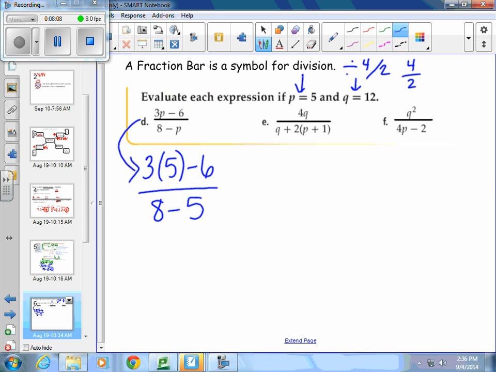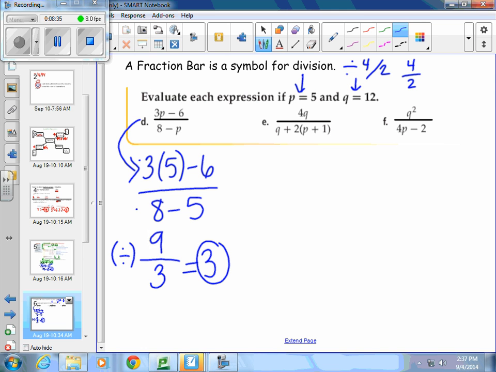And then I'm going to solve it. I do everything on the top and everything on the bottom. So 3 times 5 is 15 minus 6 equals 9. And then 8 minus 5 equals 3. This means division, remember. So 9 divided by 3 equals 3.